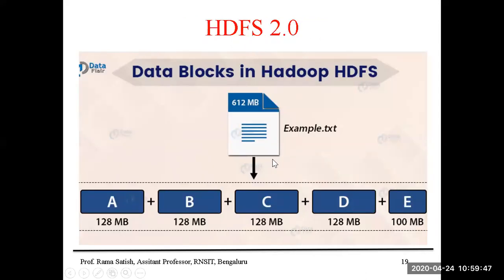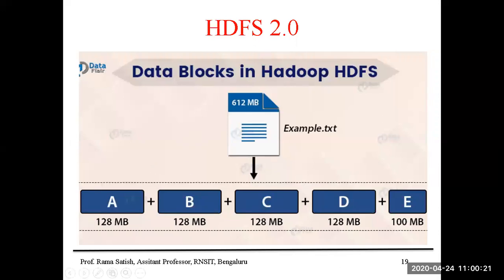And I told you, in Hadoop 2.0 the default block size is 128 MB. If a file of 612 MB is given to the Hadoop system, Hadoop splits the entire file into 128 MB, 128 MB, 128 MB, 128 MB, and the last is 100 MB, because 128 into 4 is 512, and 512 plus 100 is 612 MB.